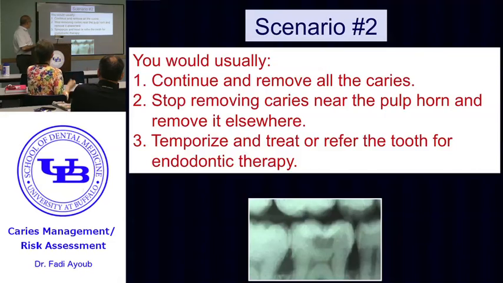Stop removing the caries near the pulp horn, remove it elsewhere, temporize and treat? Or refer for endo? So three things: either you remove all the caries and take a chance of opening the pulp, or you stop where the caries is deep and you think you're going to expose, or you send it for endo.